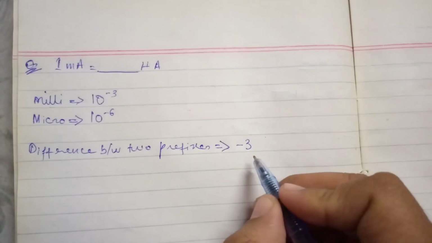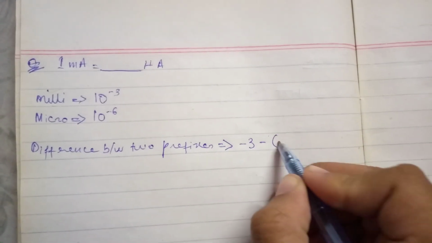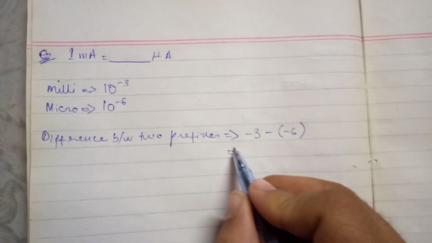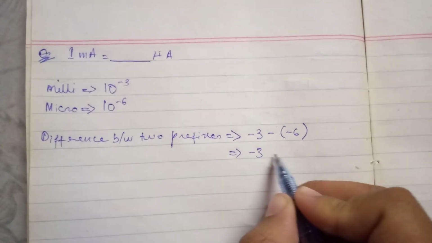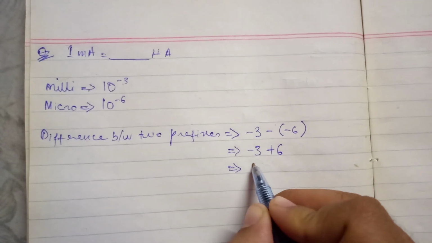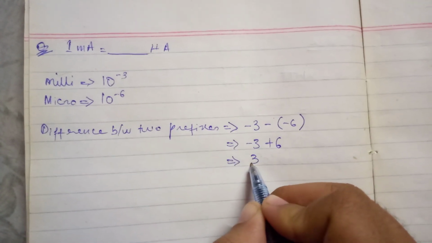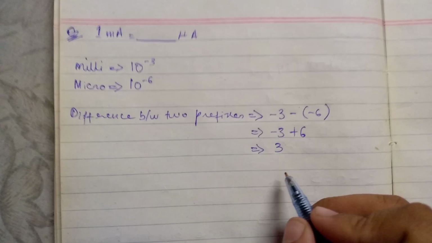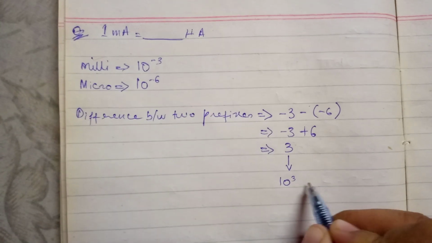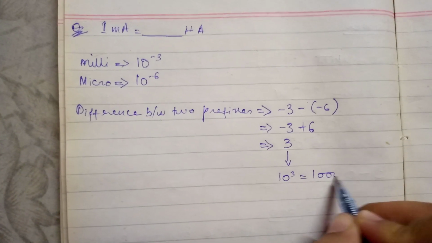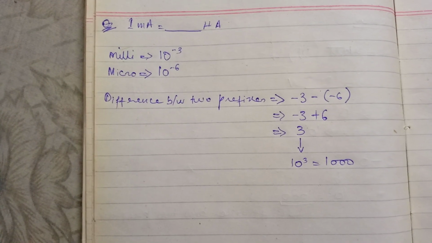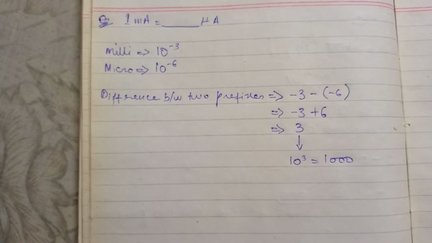So minus 3 minus minus 6, it will become minus 3 plus 6, and the difference will be 3. Now put this 3 into the power of 10, so it will become 1000. So the difference between milli and micro is 1000.